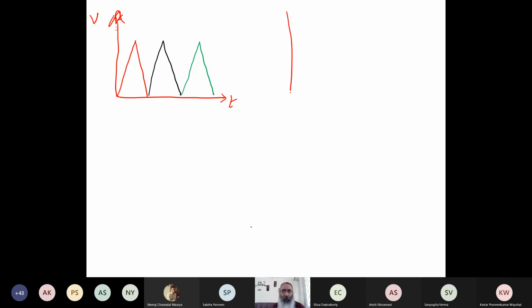Okay, so then you look at the current response in the system. This is the 0, so this is plus I, minus I, and I plot it as a function of voltage. So for the first cycle, what am I going to see? I'm going to see this steady state curve, and then I'm going to end up here because of the minus ramping. Yes, clear?